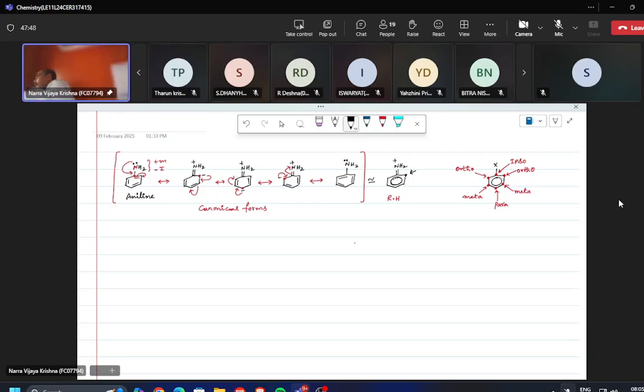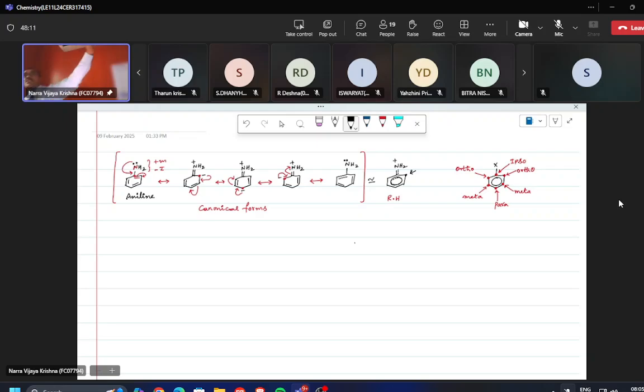How many structures do I have? In total, I have 5 canonical forms, correct? In those 5 canonical forms, I am getting negative charge in 3 structures. And I am getting positive charge, in all the cases, over nitrogen alone.